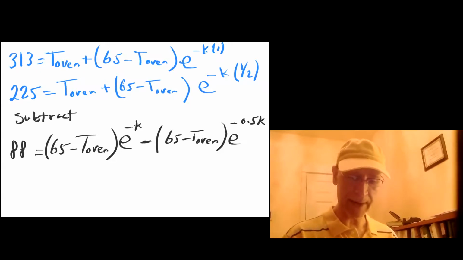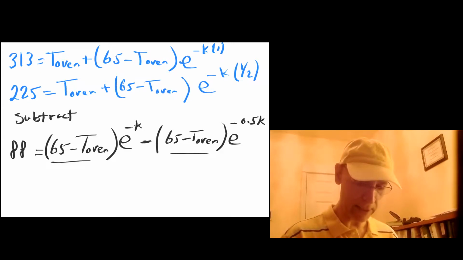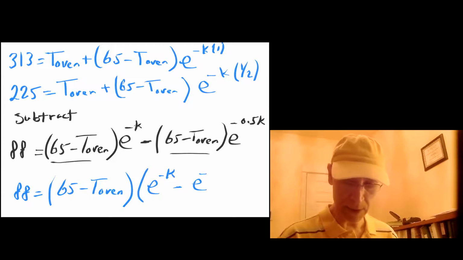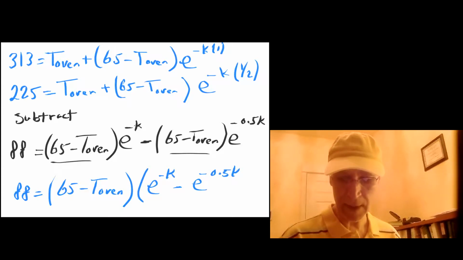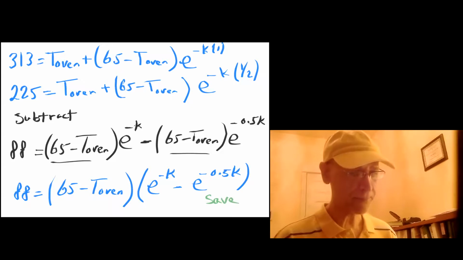Notice that I can factor this. So a better way of writing this is 88 equals 65 minus temperature of oven times e to the minus k minus e to the minus 0.5 k. Let's save this, and we'll use it in just a minute.